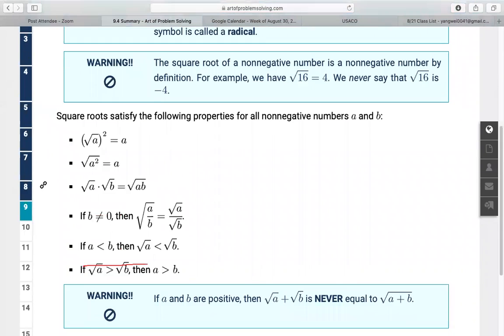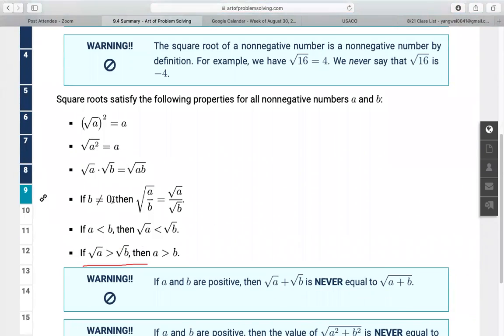Now if b is not equal to 0, the square root of the division a over b can be distributed to each number. You can write square root of a divided by square root of b.